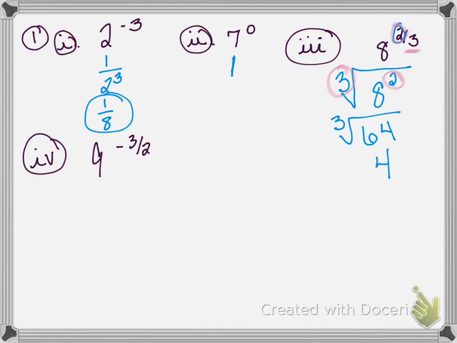Now, this one is a fractional or rational exponent, and it's negative, so we're going to move that to the bottom. I'm going to have 1 over 9 to the 3 over 2.